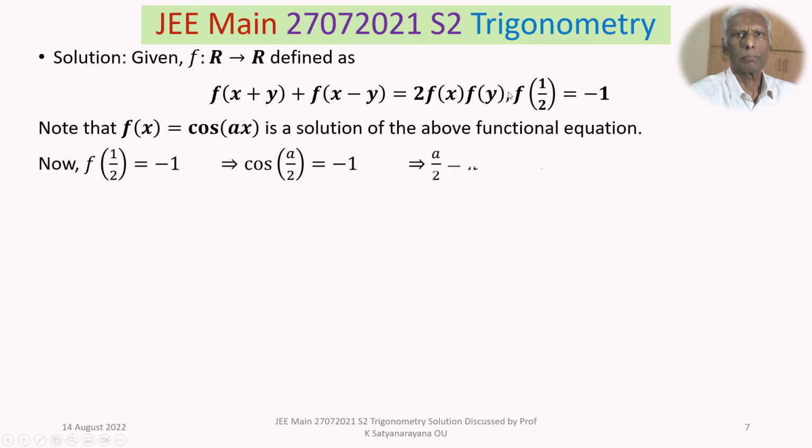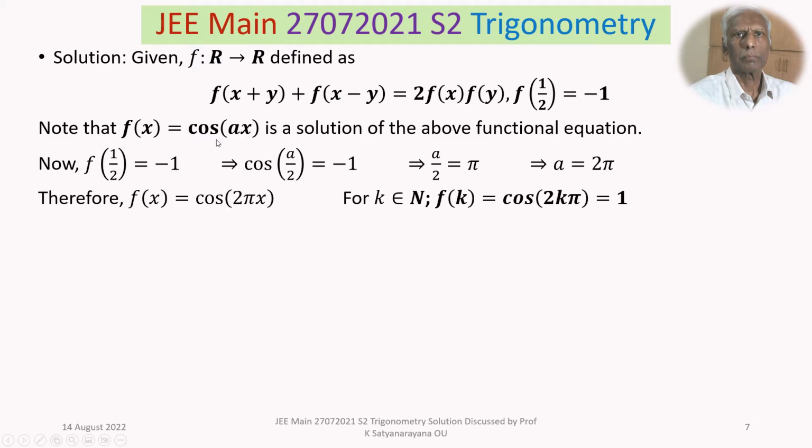So now f of 1 by 2 is minus 1, that condition we will put. f of 1 by 2 is equal to minus 1, and that is cos of a by 2 is minus 1, and that will imply a by 2 is pi, since cos pi is minus 1. Therefore a by 2 is pi, that will imply a is equal to 2 pi. Therefore, f of x is equal to cos of 2 pi x.